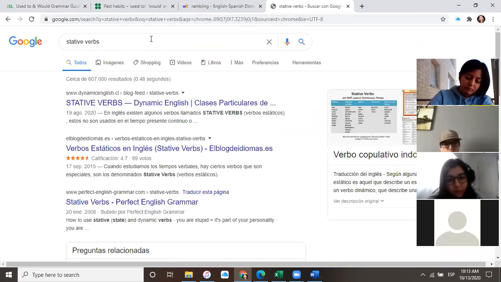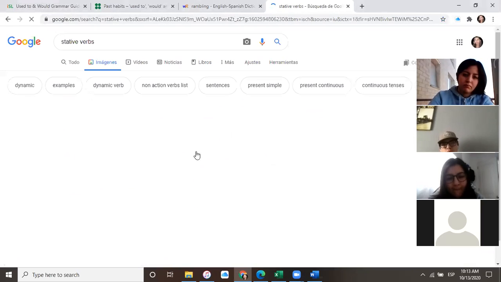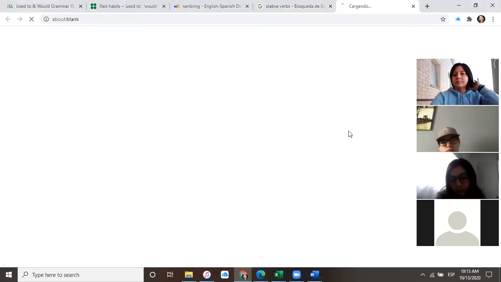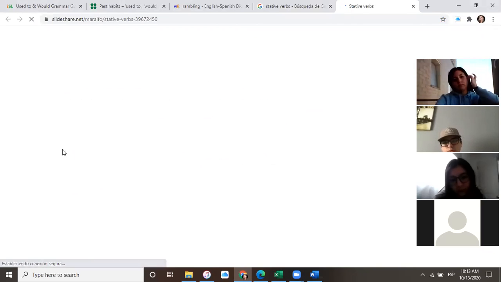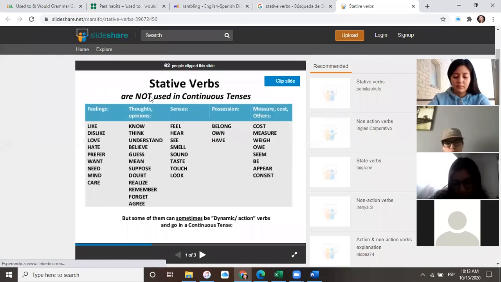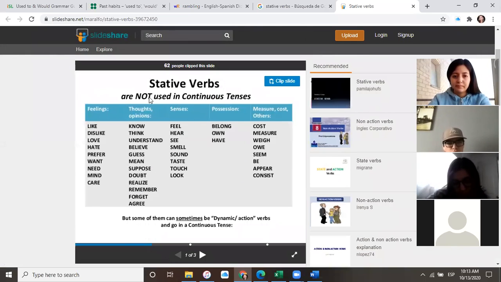Okay, the stative verbs in English. Here we have a list. This is not in your course plan, okay? Stative verbs are not used in continuous tenses. You have feelings, thoughts, senses, possession, and measure, cost, and others. So you don't use "would" with the stative verbs.